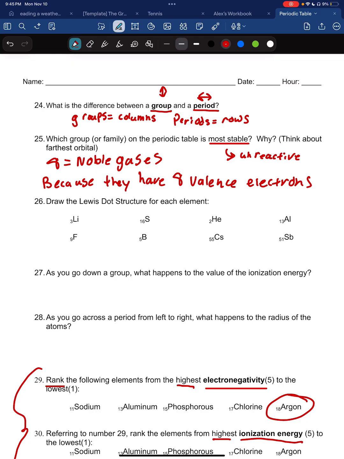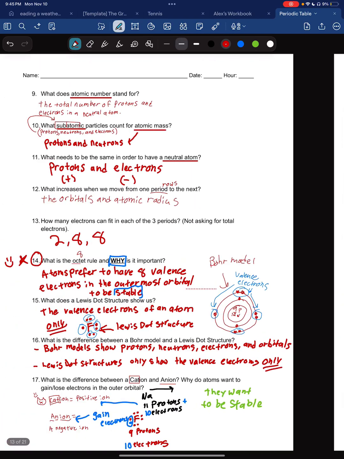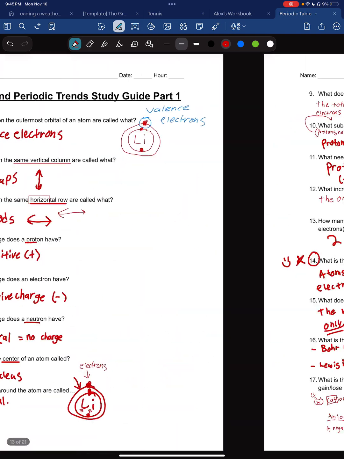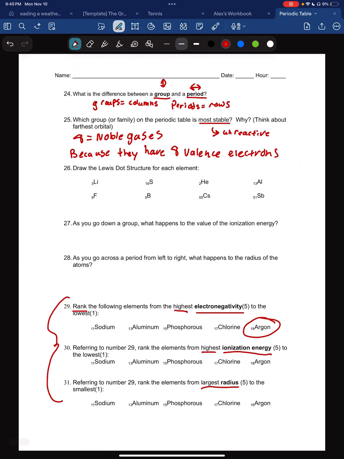So if we're looking at lithium, let me go back to our periodic table. Lithium is over here, okay? It's going to have one, right? That's one valence electron. So if it has one valence electron, it's going to have one Lewis dot, okay?